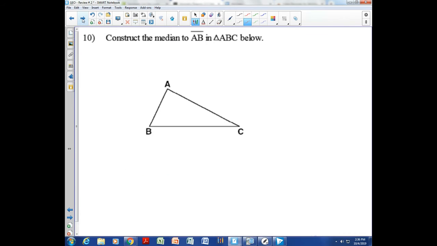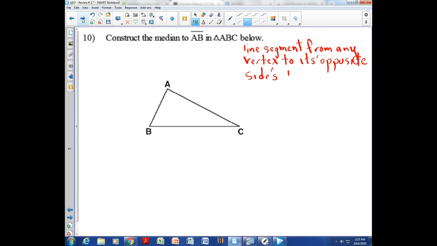Construct the median to AB in triangle ABC. Well, we need to remember that a median is a line segment from any vertex to its opposite side's midpoint.